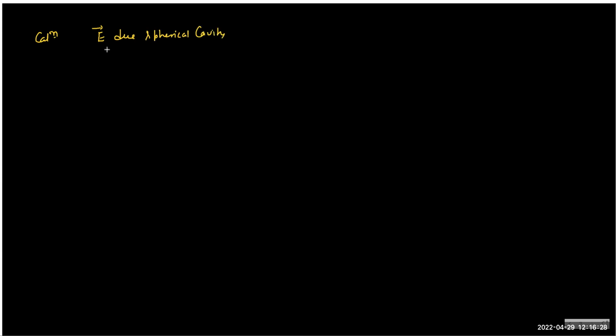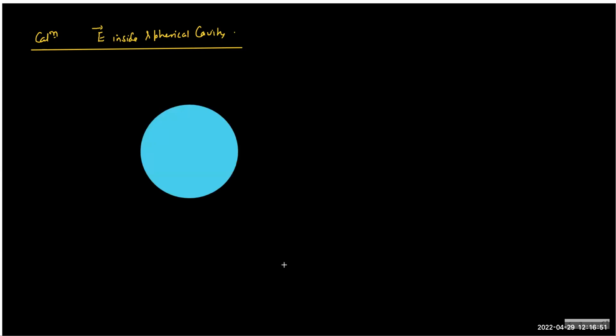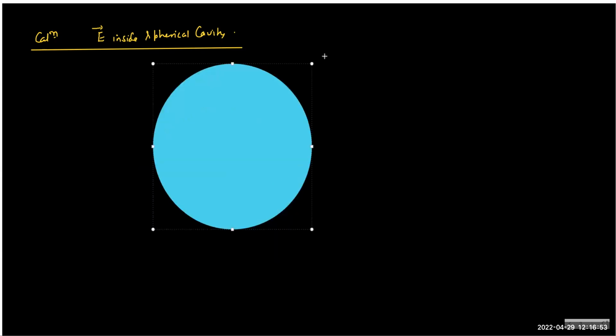Now this is very, very important. Not due to, it's just E inside a spherical cavity. So let's say you have a spherical charge and you make a cavity within the spherical charge of a shape which is also spherical.